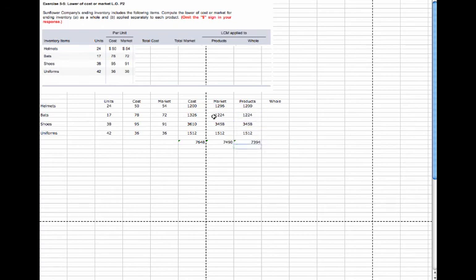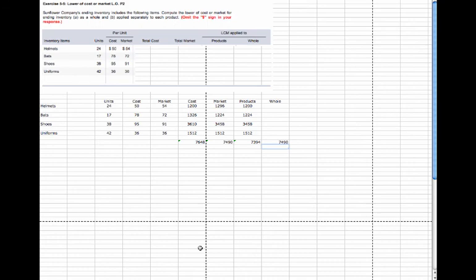So my value, if I was to go lower of cost or market based upon product, the value of my inventory should be $7,394 because I took the lower of cost or market. Or if I take it as an inventory as a whole, looking at between total cost and total market, I should take $7,490.